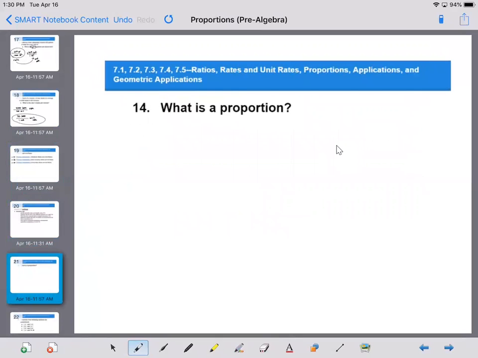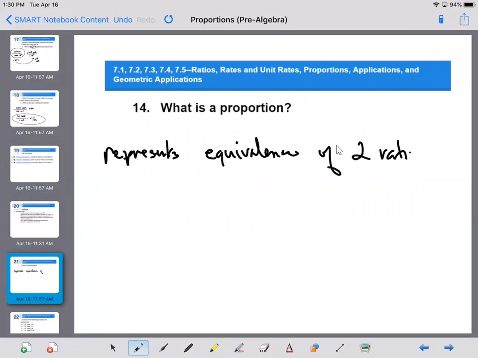When we think about proportions, it represents equivalence. It could be of 2 or more ratios, but of at least 2 ratios.